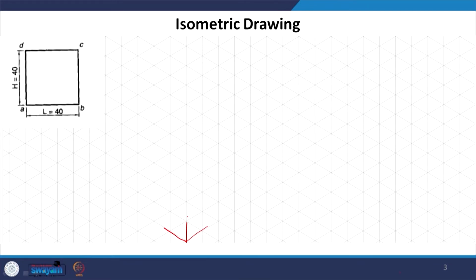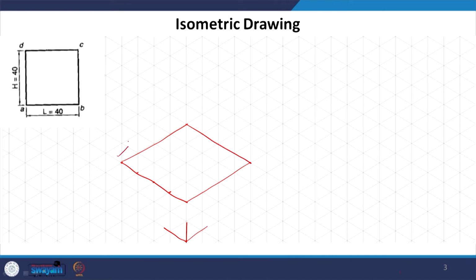Now, what we have is this square plane which is parallel to HP. This is 40. So, suppose at whatever height it is 1, 2, 3, 4, assuming 1 unit is equal to 10 units. Very clearly you can see that this is the plane which is parallel to xy.